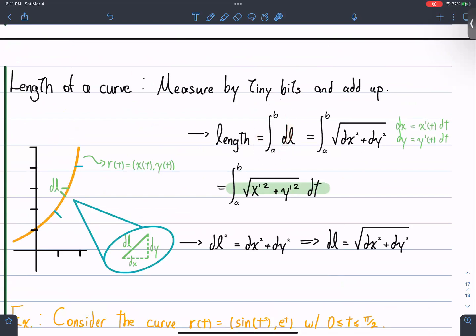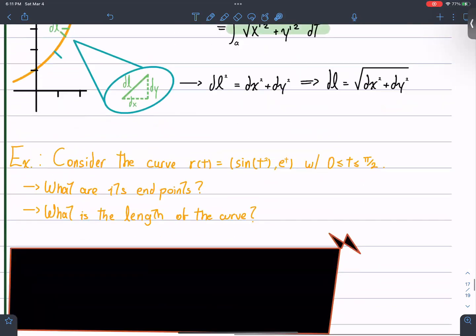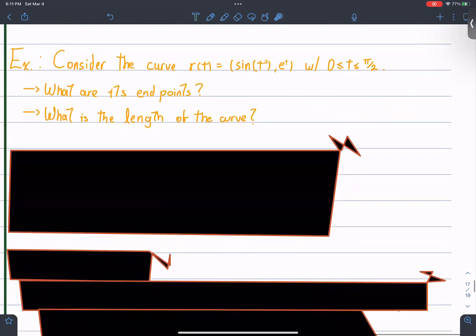The parameter bounds are the bounds of the integral, and we're also asked for the endpoints of the curve besides the length. So let's find the endpoints really quickly. We have seen in the previous example that we just have to evaluate r at the bounds of the parameter. So we plug in 0, we plug in pi halves, and see what we get.